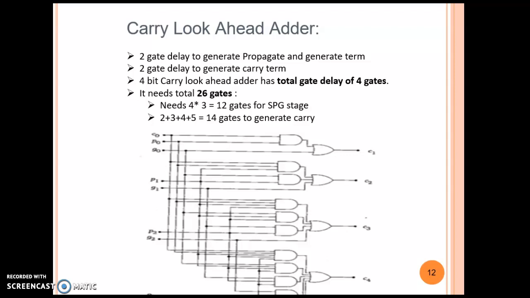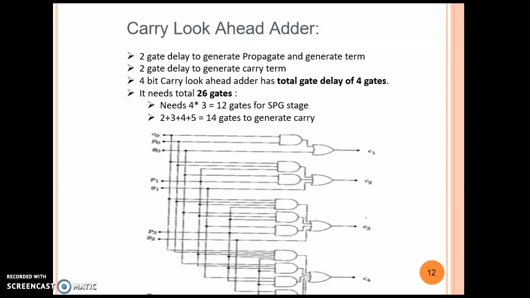That is one drawback. Another drawback is, over here we have seen that as we go from C1, C2, C3, C4, the number of inputs to the gates is increasing. Here the AND gate has 2 inputs, here 3, 4, 5. This is for a 4-bit adder. If we go for higher bit adders, the number of inputs will increase hugely.